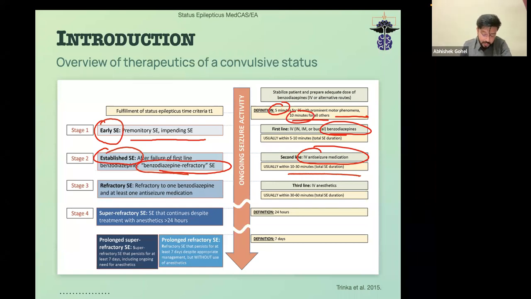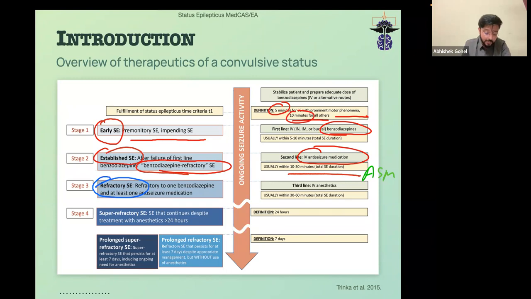If the patient is not responding to this anti-seizure medication, we call it refractory status epilepticus. When do we call it refractory status epilepticus, RSE? When the status is refractory to one benzodiazepine and at least one anti-seizure medication.